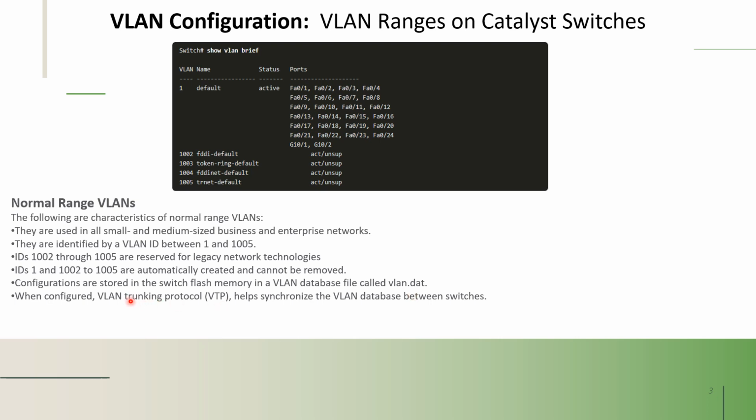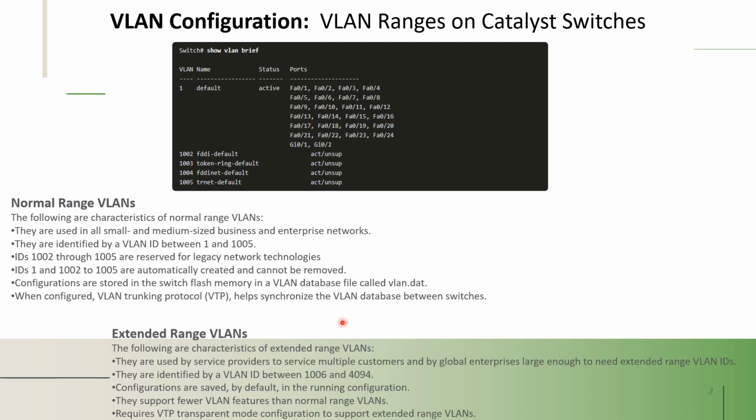And when we configure VLAN Trunking Protocol, we will have to synchronize the VLAN database between switches. As for the characteristics of the extended range VLANs, they are used by service providers to service multiple customers and by global enterprises large enough to need extended range VLAN IDs.